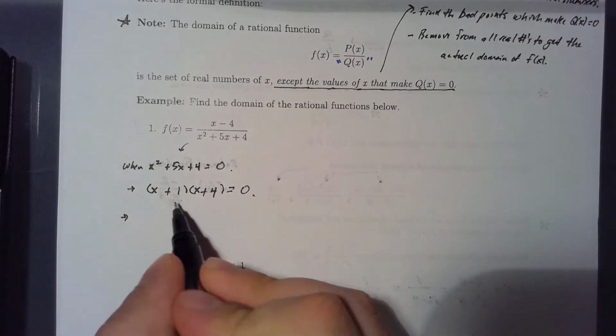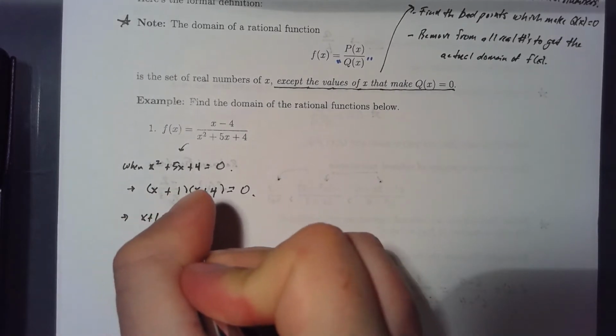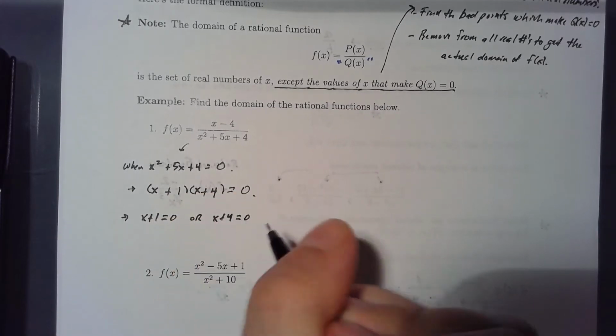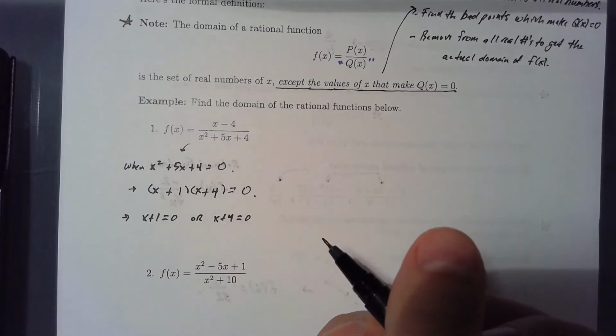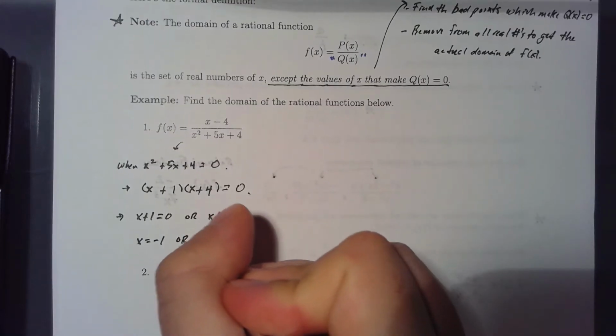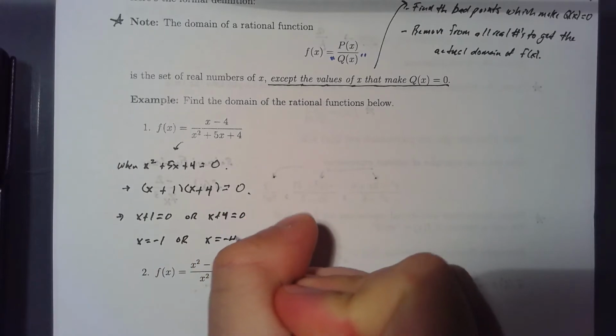Now I could just apply the zero product property and state x plus 1 equals 0 or x plus 4 equals 0, and then solve for x in each factor, which gives x equals negative 1 or x equals negative 4.